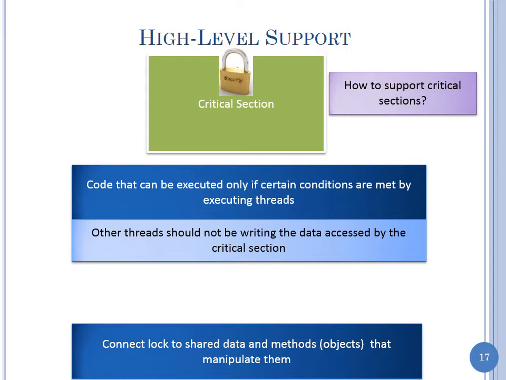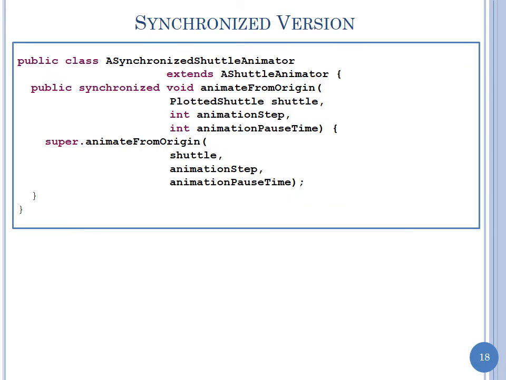Okay? And as Andrew pointed out, we have the notion of a synchronized method to do so. We see here that animate from origin has been synchronized. So we put the synchronized keyword there to make sure that the interference doesn't occur.